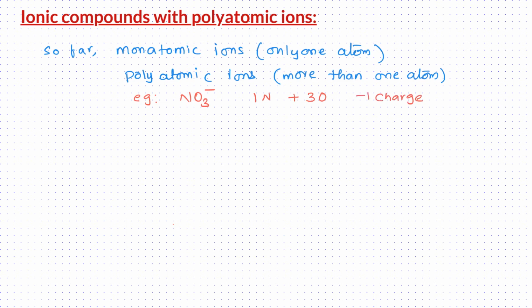The important thing to know about a polyatomic ion is that when it is dissolved in water, it stays together as a single entity without breaking into individual atoms. That is, the nitrate ion in water stays as NO3- ion without further breaking down into a nitrogen atom and three oxygen atoms.